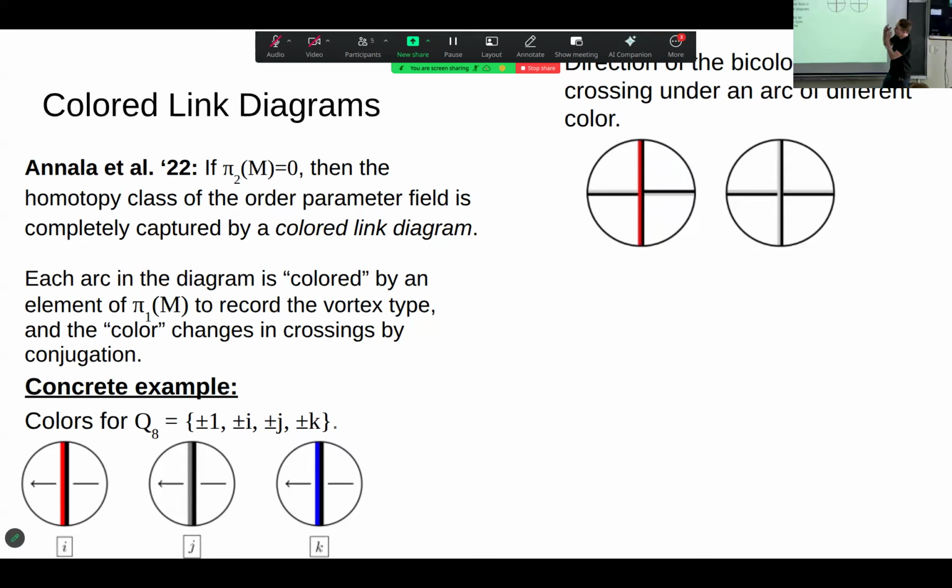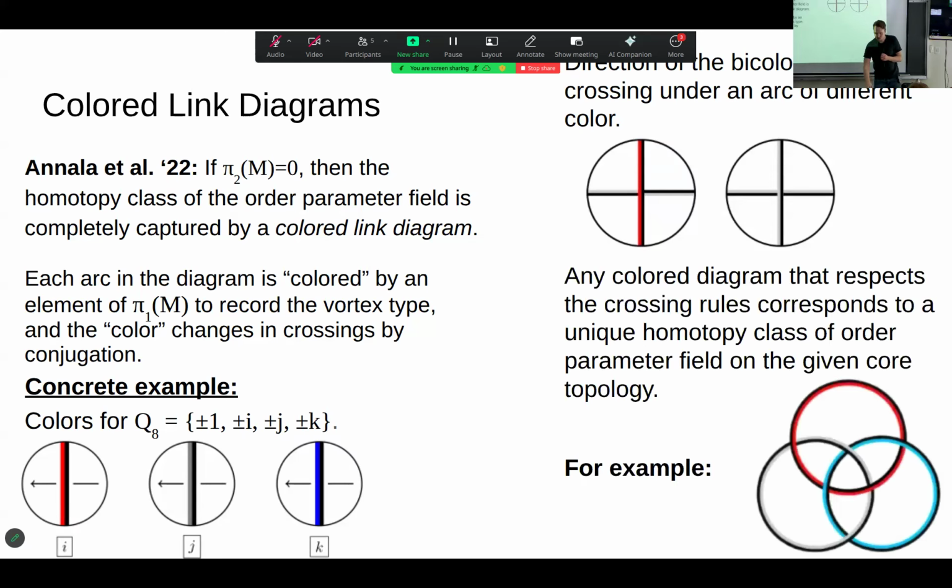So the point is that if you make any colored diagram that respects these crossing rules, and where every arc is colored by one of these colors, then that describes a unique tetrahedral orientation field around this singularity up to homotopy.